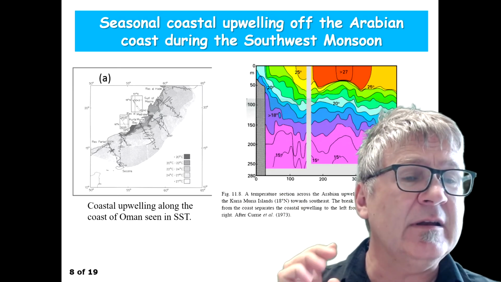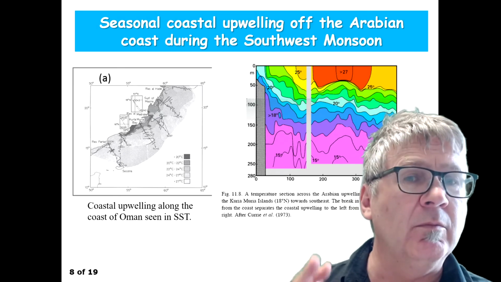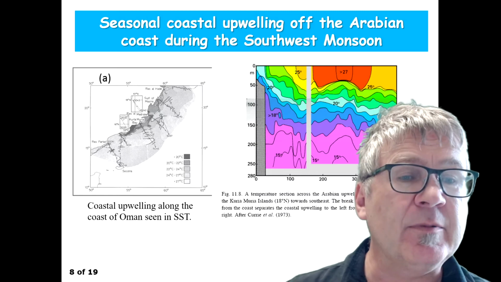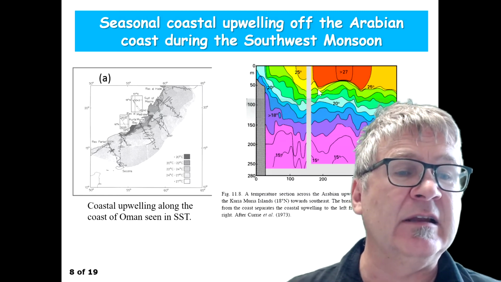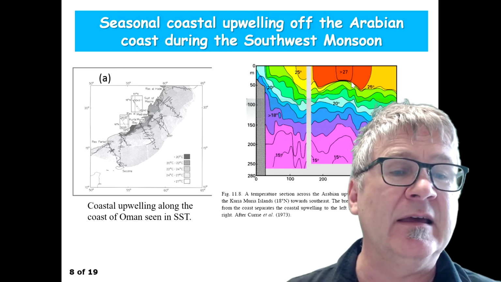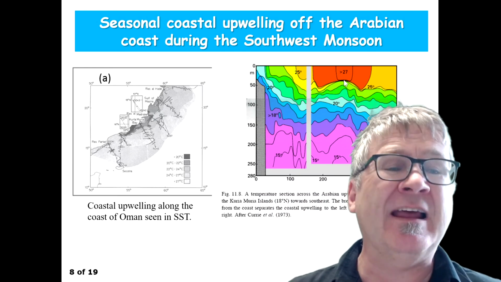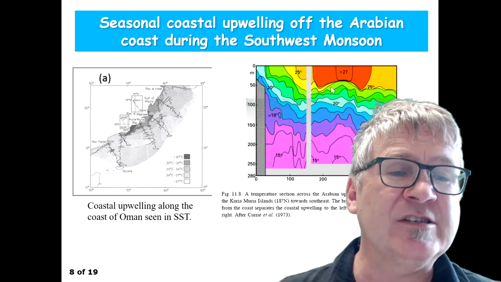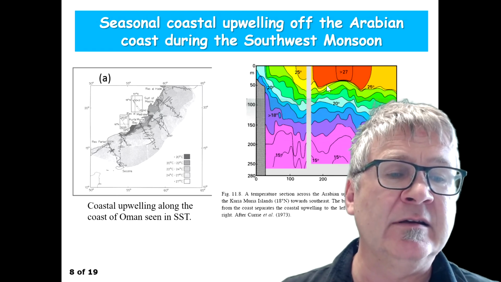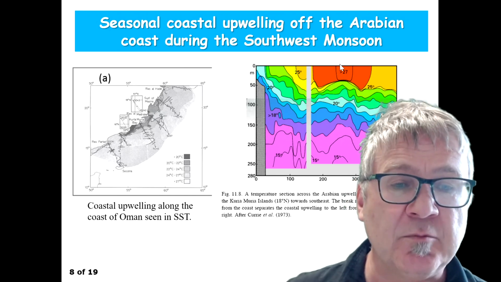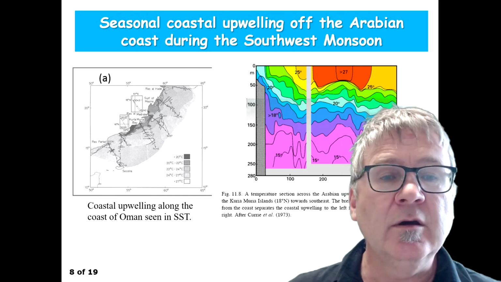This one is a warm core eddy, but you can see it has a little bit of upwelling in its center, a little bit of upward displacement of the isotherm here in the center. Okay, this is an eddy that we can see. Alrighty-o.